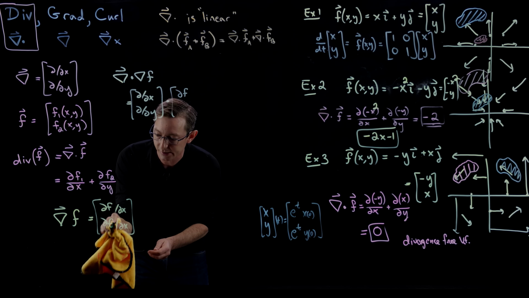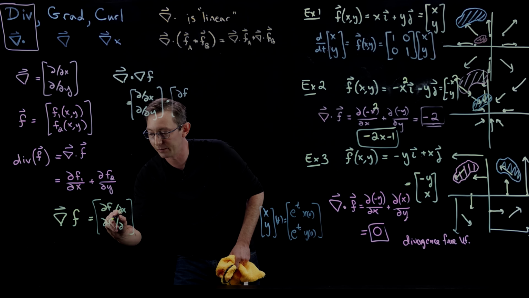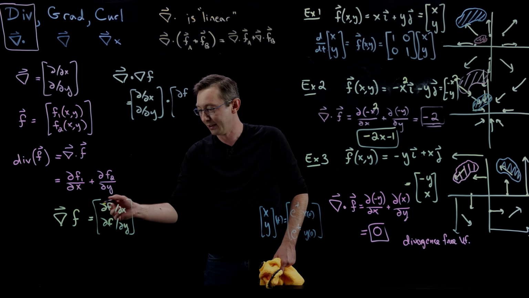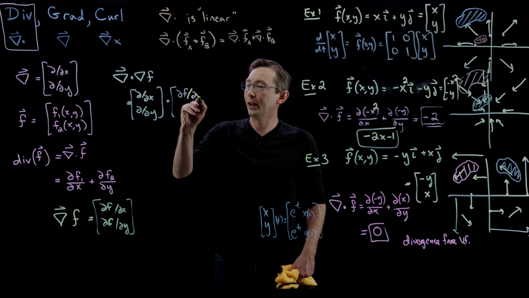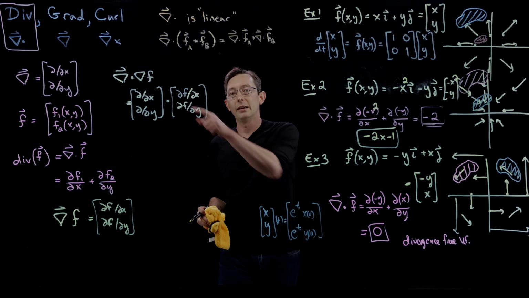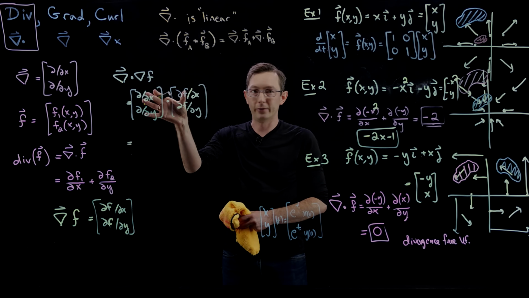I really botched this up. Pardon me. This is partial f partial x and partial f partial y, because f is a scalar, and so this is the gradient: partial f partial x, partial f partial y. And if I compute this dot product, remember the dot product of two vectors is easy.